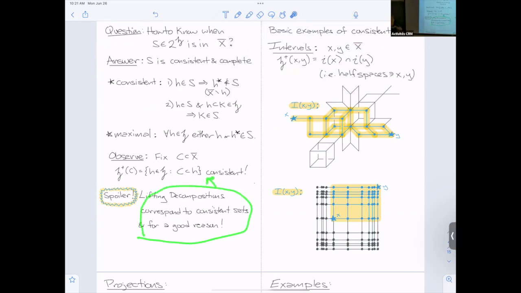If I take a random subset of X bar, I can look at all of the half spaces that contain it, and that will be consistent. However, the intersection of those may not equal C, but it contains C. It's the convex hull, the median convex hull, closed. I think that's maybe what you were referring to. Yeah, thank you.